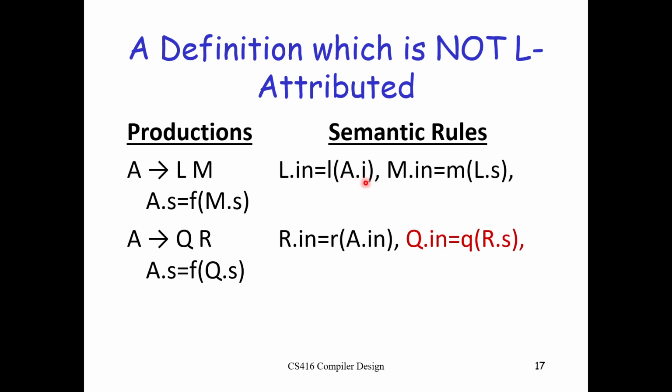Capital I is a function. A.i, small letter i, is an inherited attribute of capital A. It is contributing to this: the attribute value of capital A is given to the child capital L. Similarly, M is getting its attribute value from L. L has a synthesized attribute L.s, by applying a function M over L.s. Then A has a synthesized attribute, A.s equals F of M.s. That is computing a function F over M and getting its value.